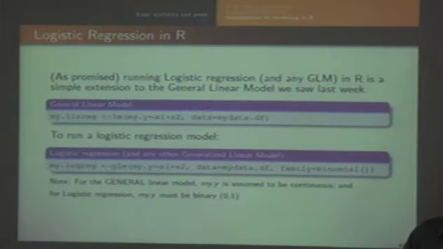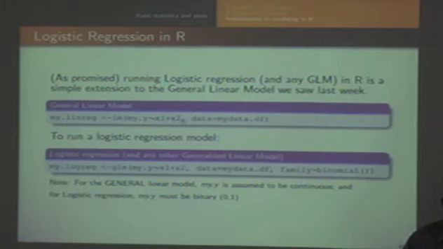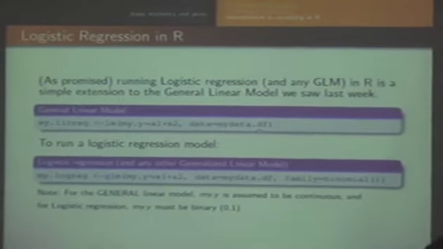So how do we do this? So the tilde has come out this time. How do we do this in R? So just to contrast it to the general linear model, here's the general linear model. My linear regression is a linear model, my y tilde x1 plus x2, and the data comes from mydata.df.